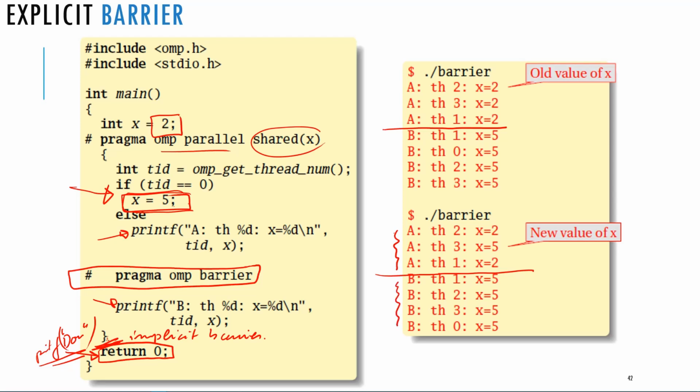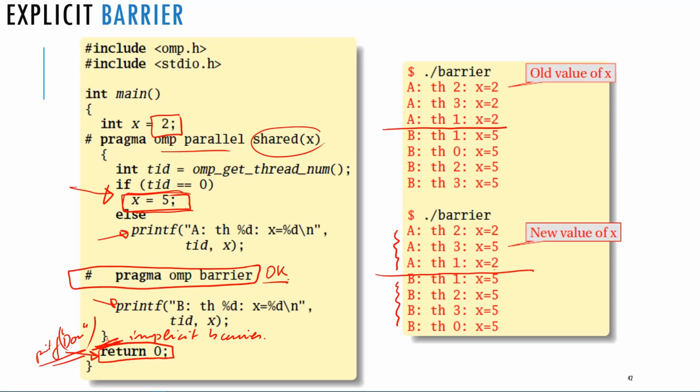So the synchronization is done, but if you have shared variables, you do not guarantee at which moment those variables would be changed and would take effect and be seen by the other threads.